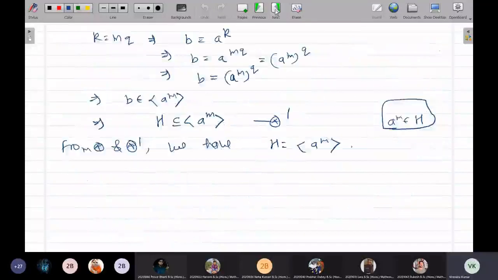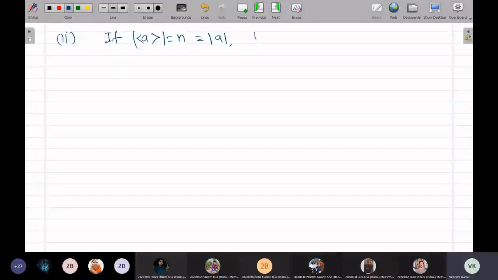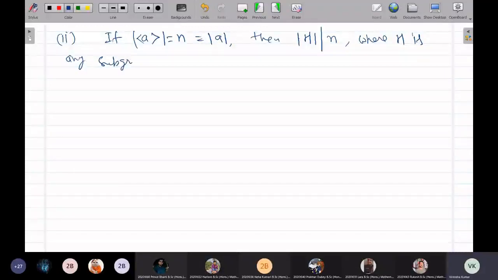We need to prove, let us take the second page, that if the order of a is equal to n, then the order of H divides n, where H is any subgroup of the group generated by a.